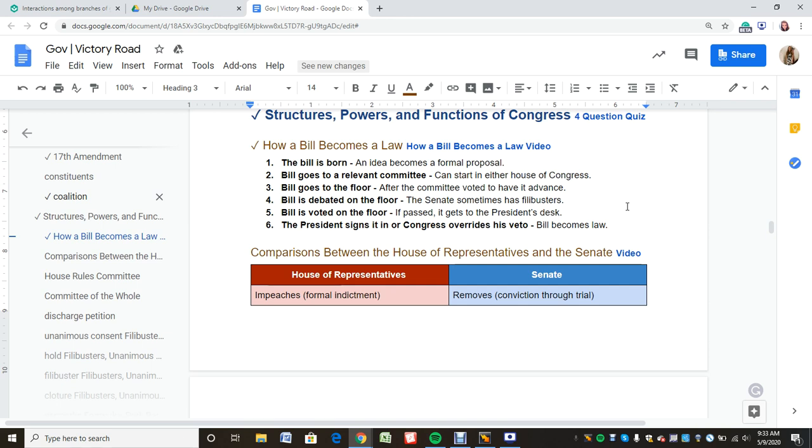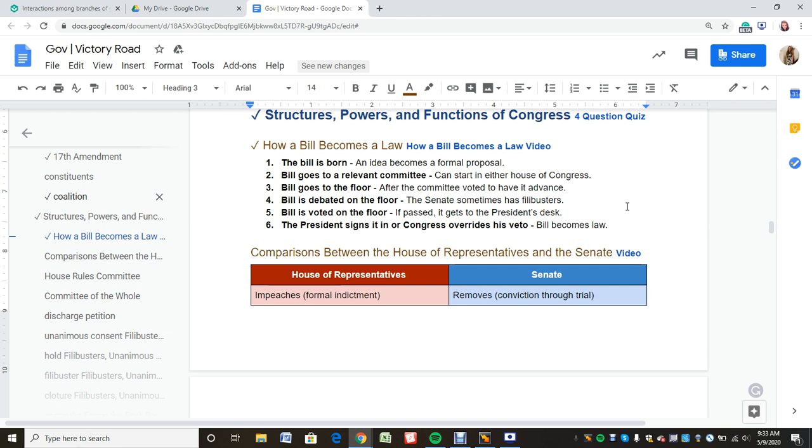The Rules Committee then decides how this bill will be debated, if it will be debated, and can set time limits and voting arrangements in terms of the committee of the whole. Then, depending on how the proceedings go, the bill will be voted on the floor of the House, and then it will get sent to the Senate.